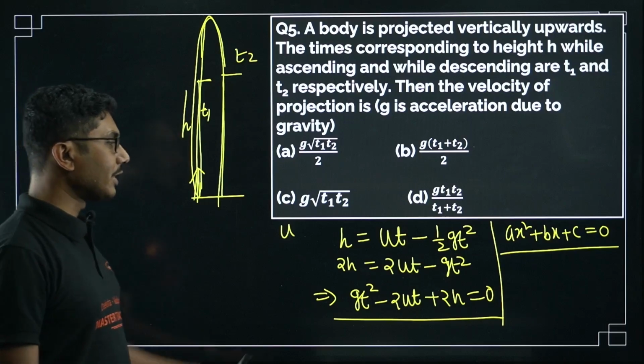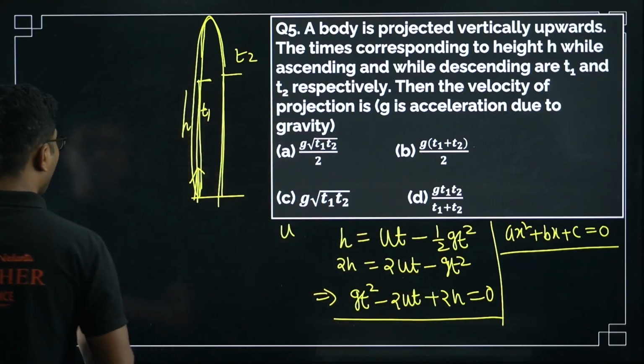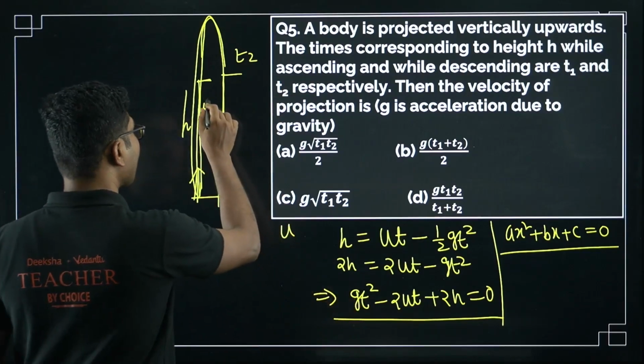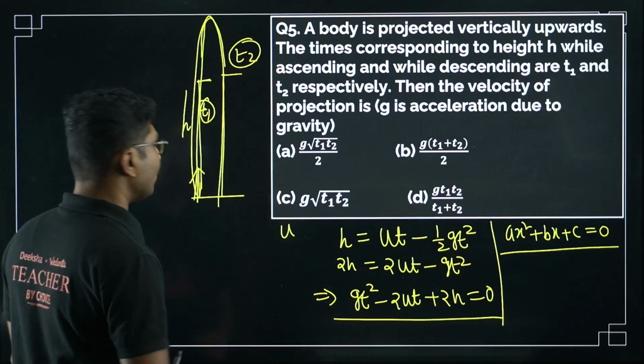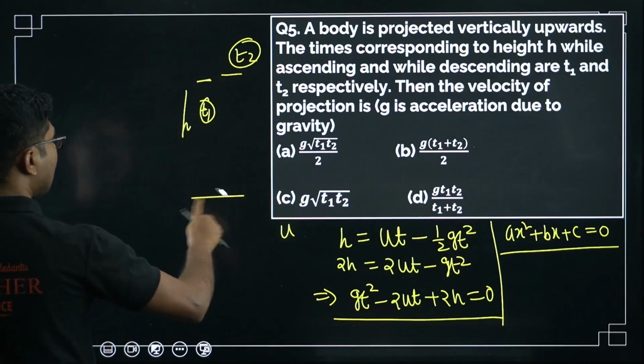In a quadratic equation, we can say it has two roots, and from this expression the two roots are t1 and t2. We will find t1 and t2 from the Sridharacharya relation.